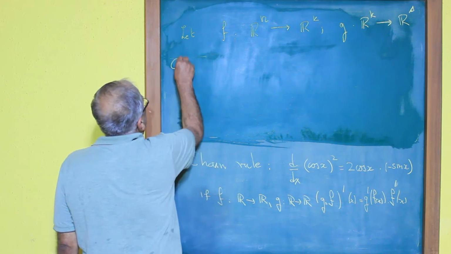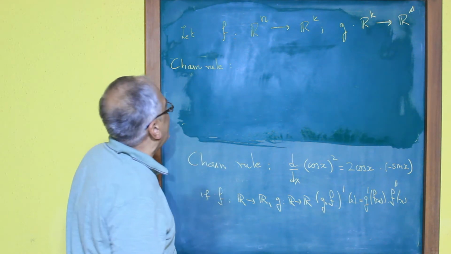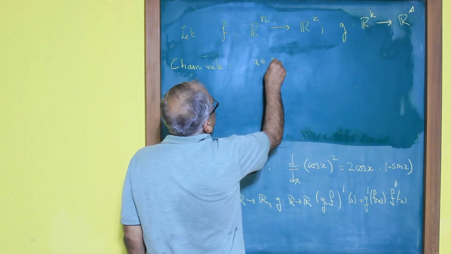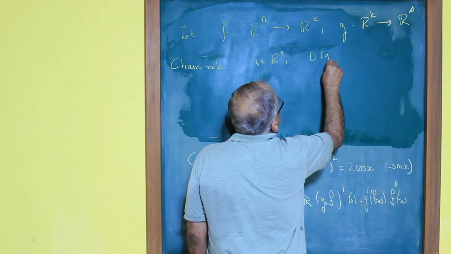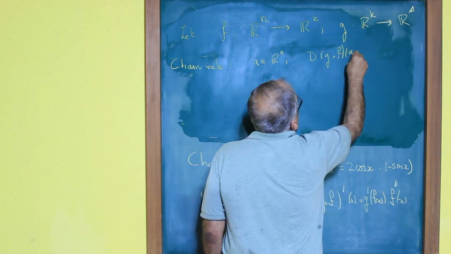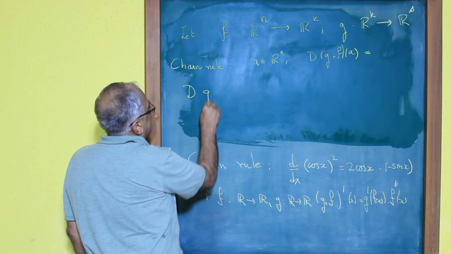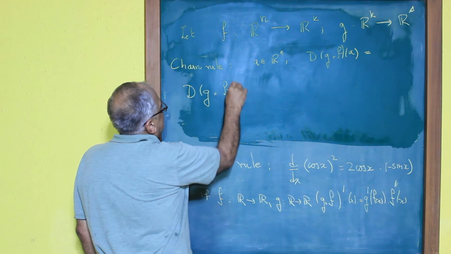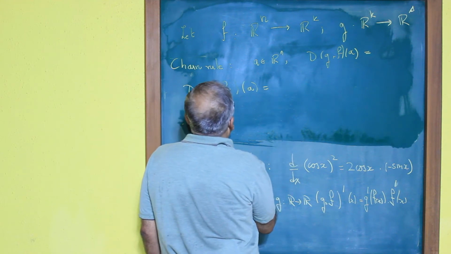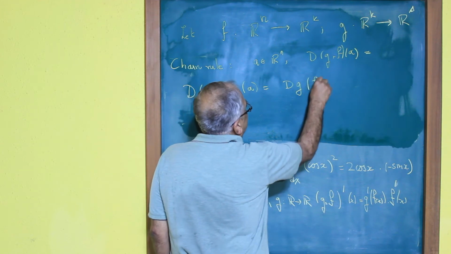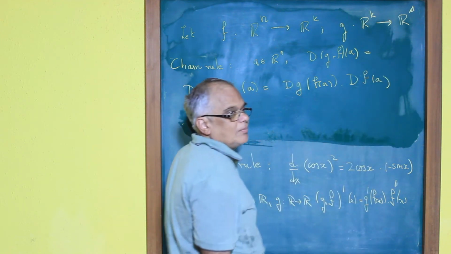Then, if A is in Rn, the derivative of g composed with f at A is equal to the derivative of g at f of A multiplied by the derivative of f at A.